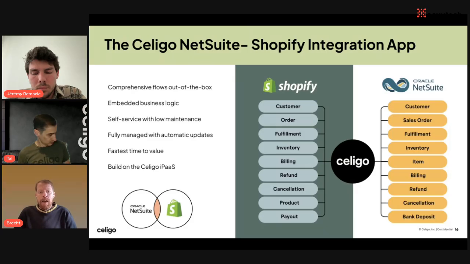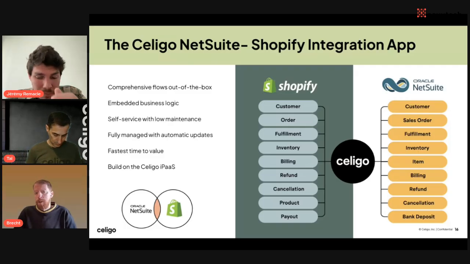And the great thing with this one, of course, is that it's fully managed by Celigo. So if there are any updates to the Shopify API or the NetSuite API, they will go ahead and make these updates and send you new releases. Which is great to have. It means that this app is not static, but really dynamic, and it will evolve.